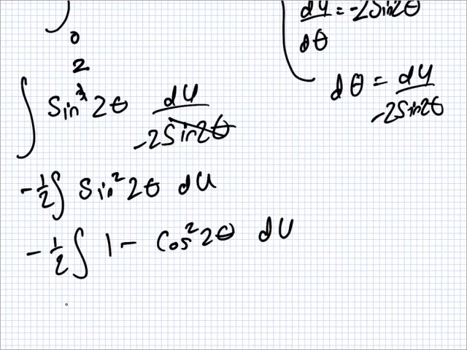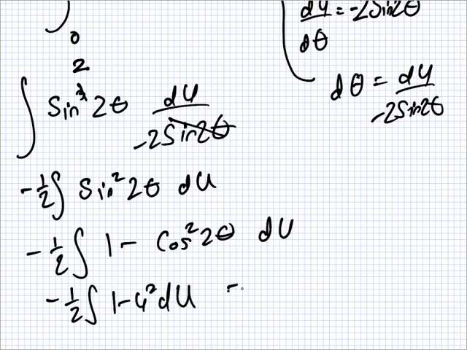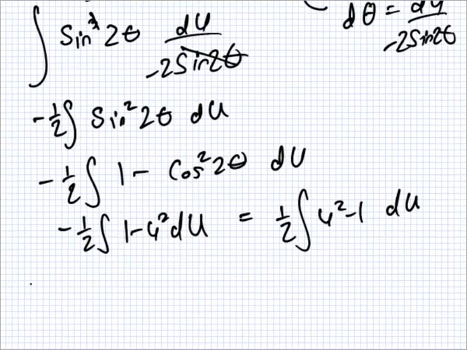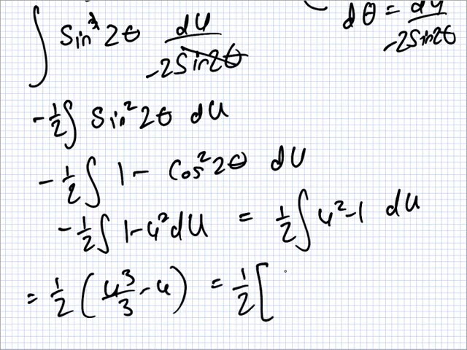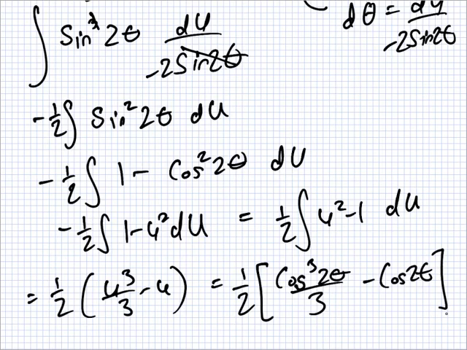So this is minus a half of 1 minus u squared du, which equals a half of u squared minus 1 du, which is a half of u cubed over 3 minus u, which is a half of cos cubed 2 theta over 3 minus cos 2 theta.